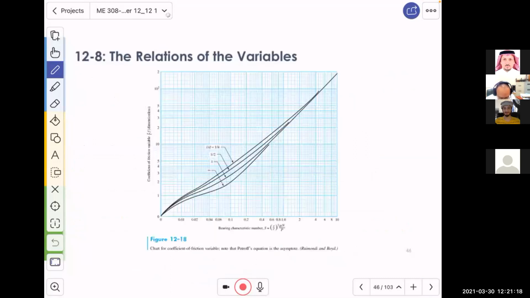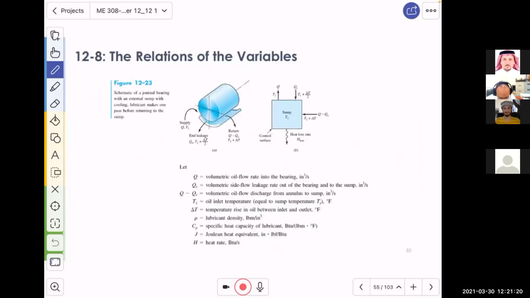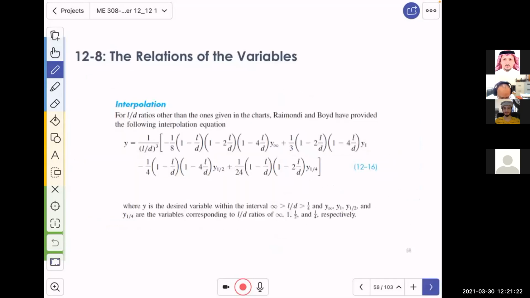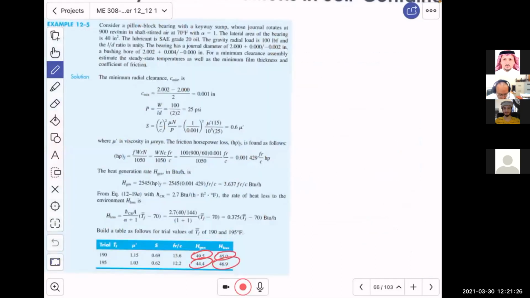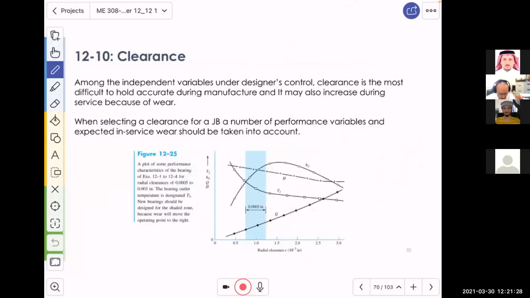So now we are going to move on to another topic. We're not going to spend too much time on it, but we'll talk about clearance, and then we'll talk about pressure-fed bearings.